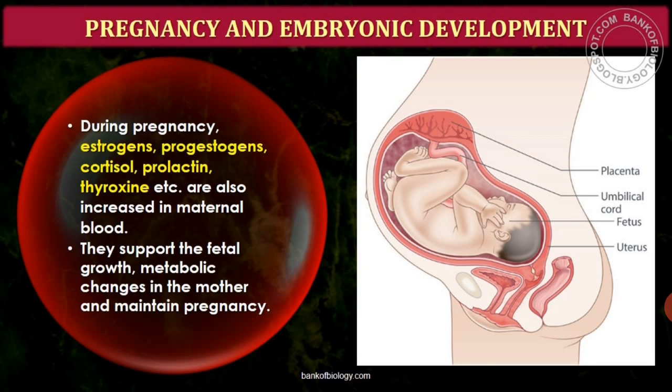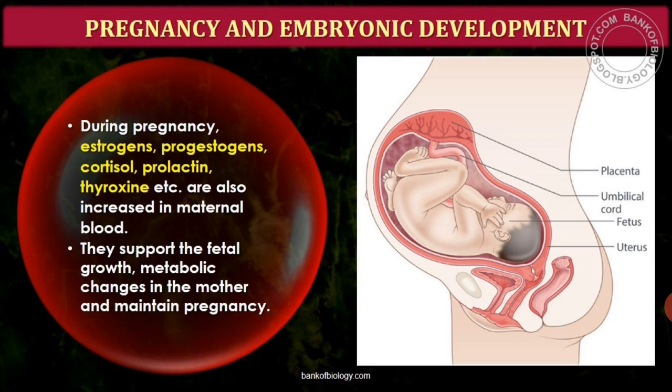Then the germ layers give rise to all the organs. Sorry, not endometrium, there are 3 germ layers: mesoderm, endoderm and ectoderm.